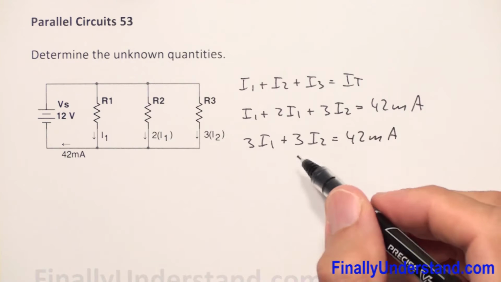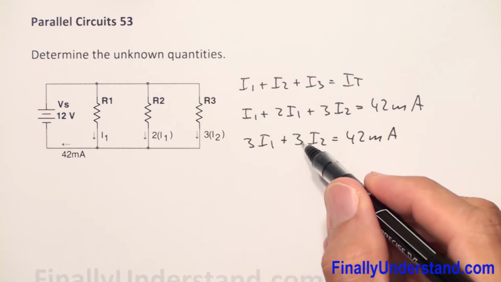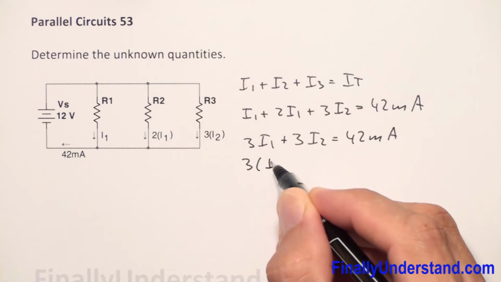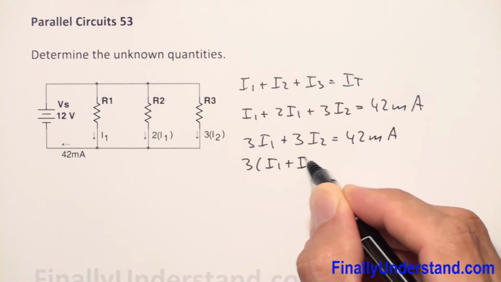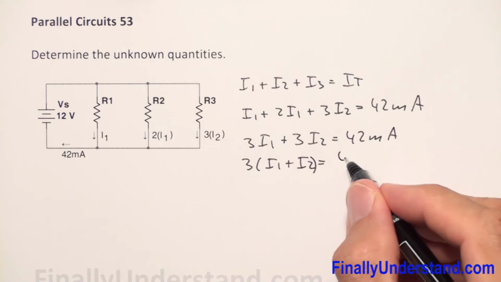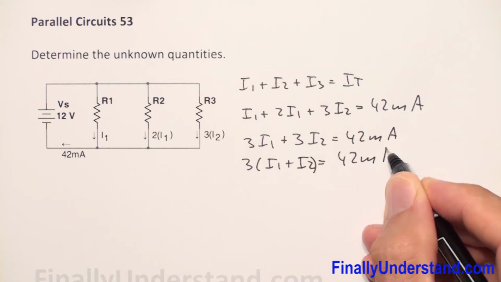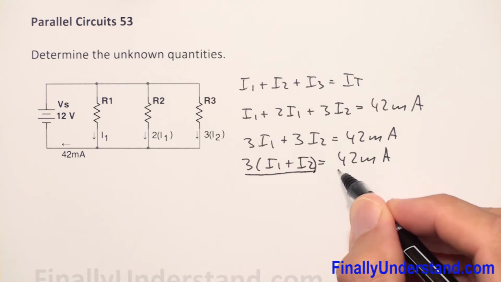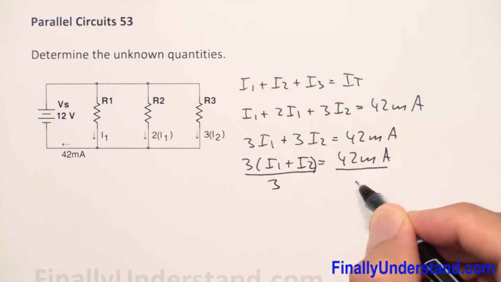Okay, so what I can do over here, actually, I can factorize 3, and I'm going to have I1 plus I2 is equal to 42 milliamps. I can eliminate this 3 by dividing both sides of my equation by 3.